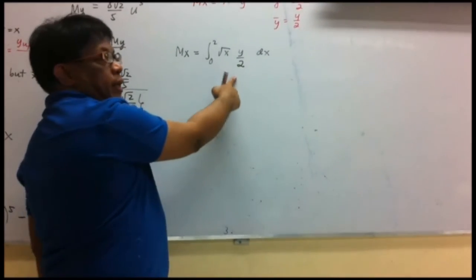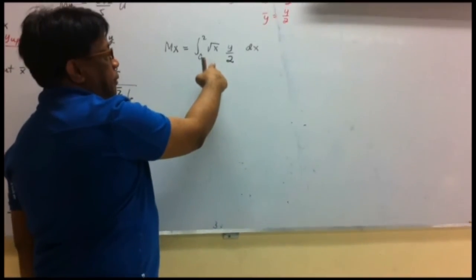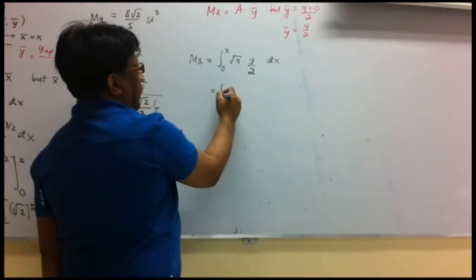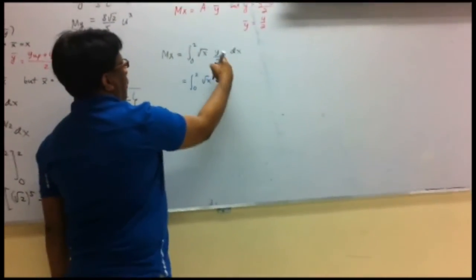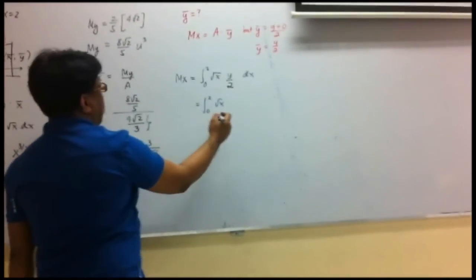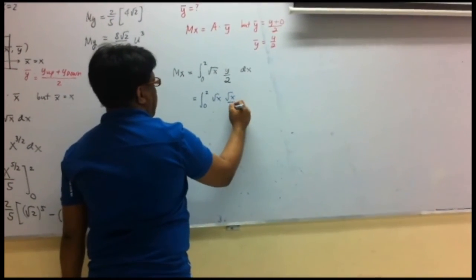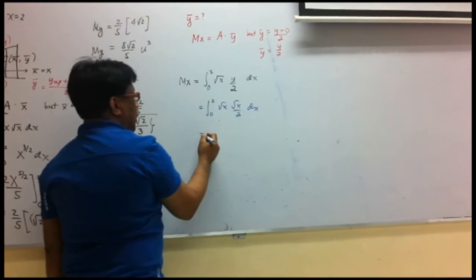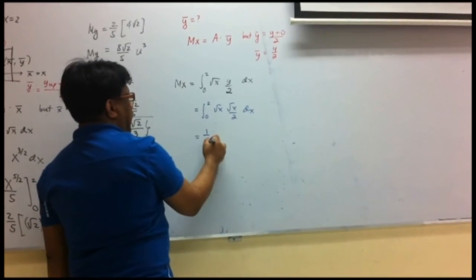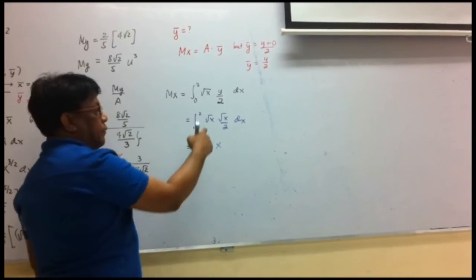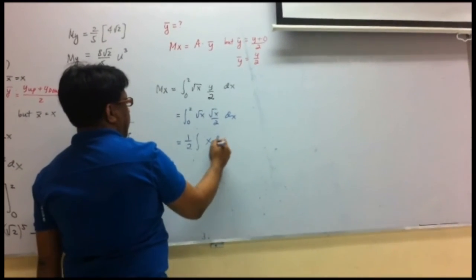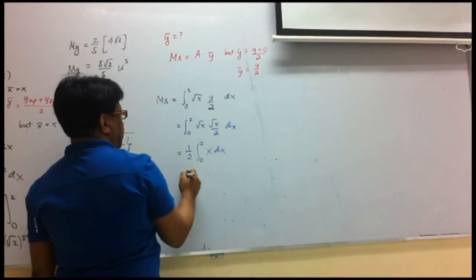We cannot integrate because it contains y, so we replace y by square root of x, over 2 dx. What we have here is 1/2 times the integral of x, because square root of x times square root of x is x. The limits are from 0 to 2.